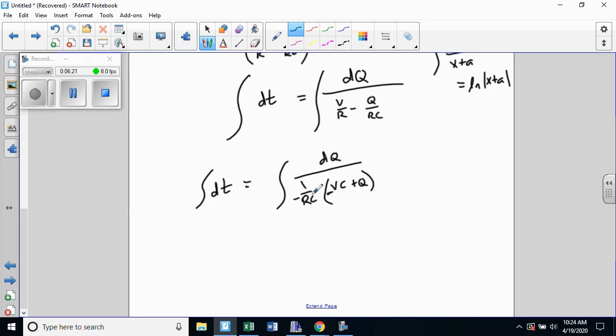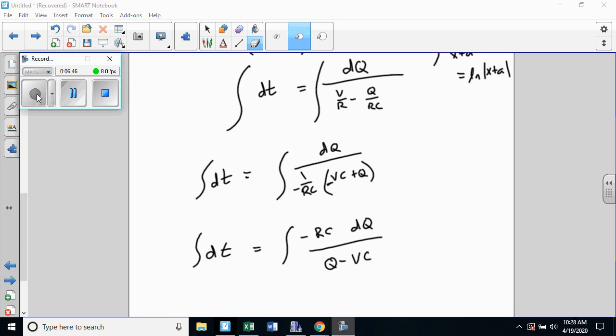Well, this is a fraction in the denominator, so this is like having integral dt is equal to integral minus RC dq all over Q minus VC.